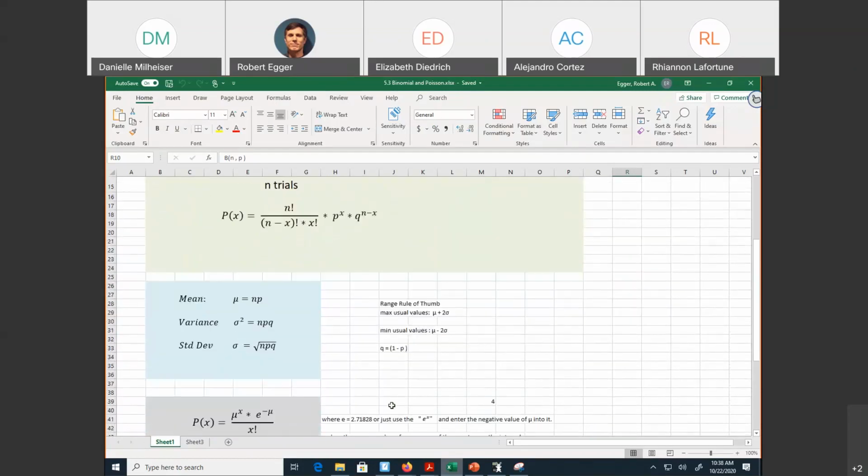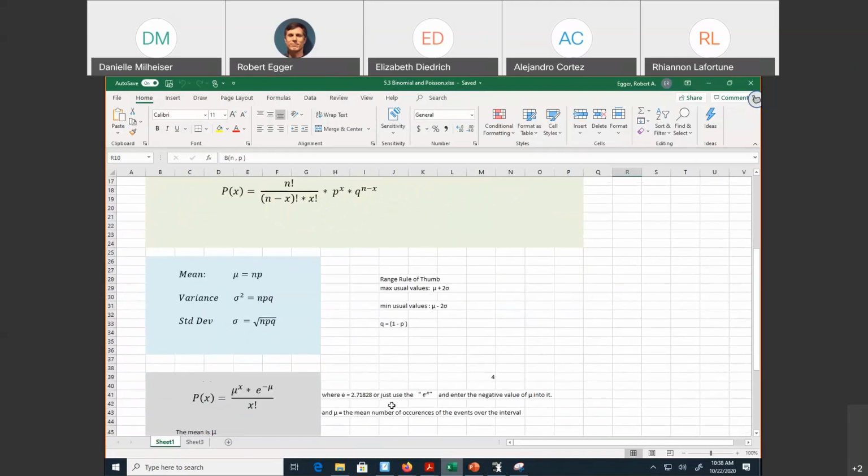With a binomial distribution, knowing n and p, remember what n is. n is the sample size, and p is the probability of success within that sample.